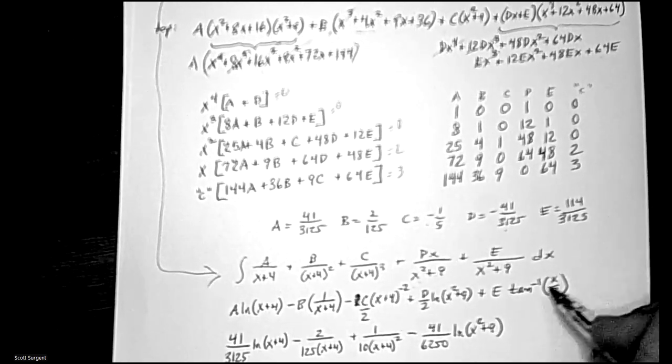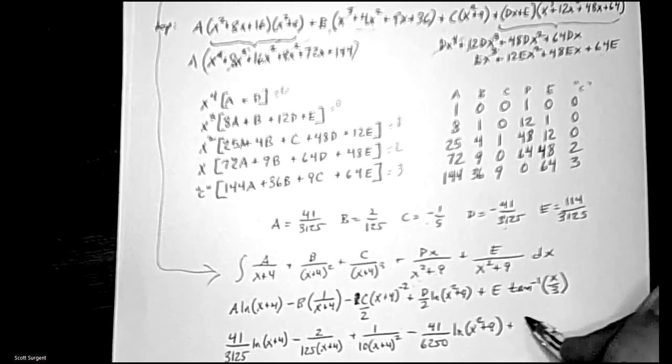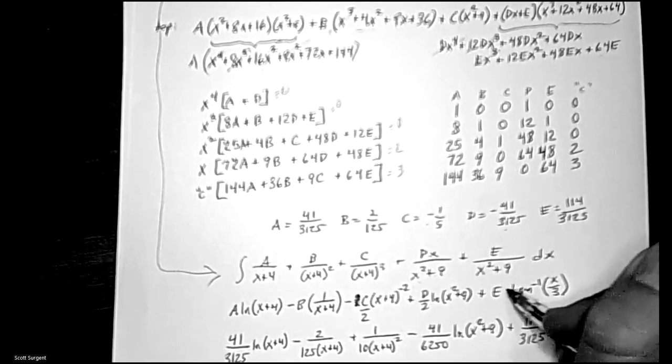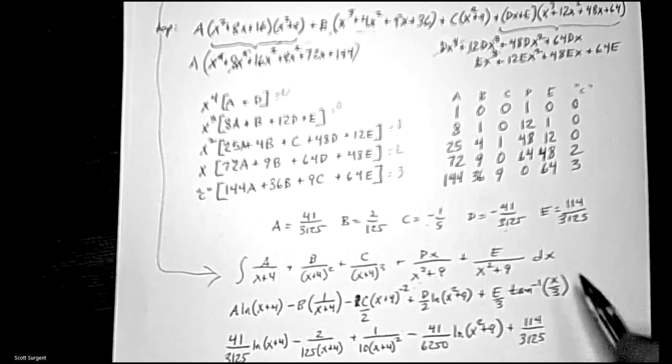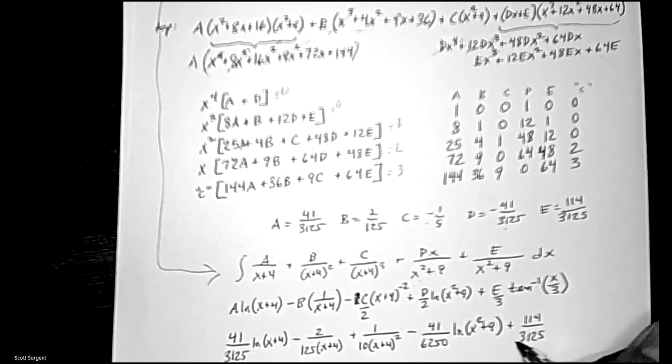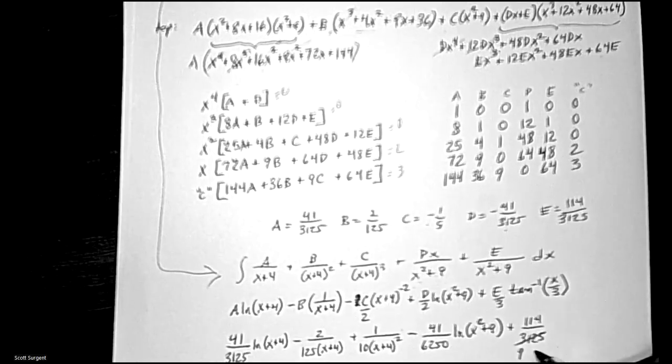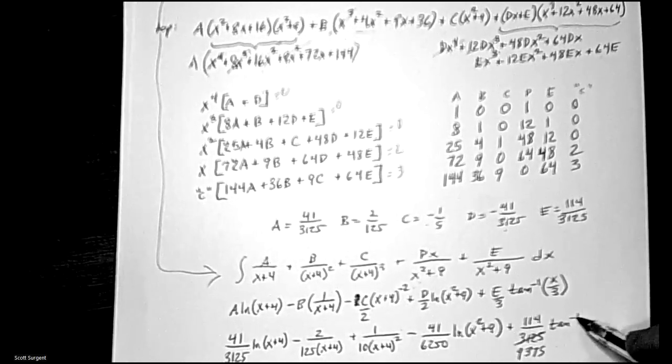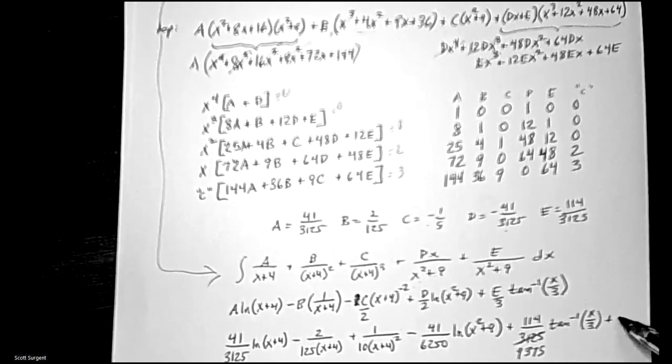And this lovely guy, 114 over 3125. Oh, you know what? I left off the 1/3 when you get arctan, so I have to multiply by 3. So 9, 375 arctan x over 3 plus C. Yikes.